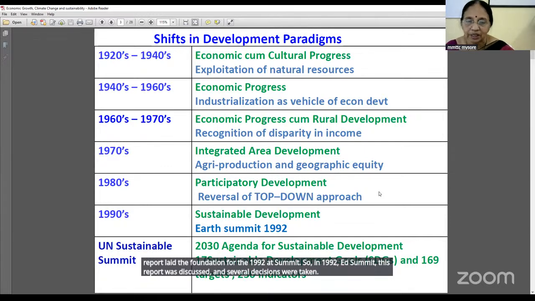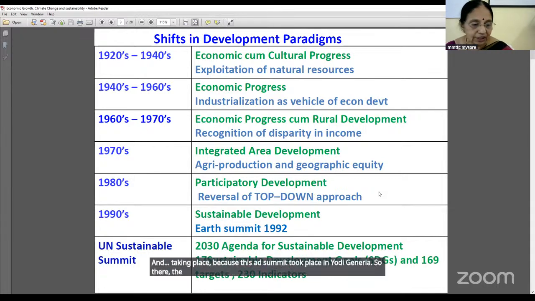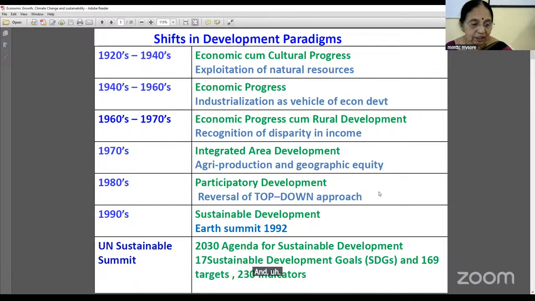So this Brundtland Report is the foundation stone for the Earth Summit and the later decisions made by the countries, and many countries have adopted this. This Earth Summit took place in Rio de Janeiro. There the countries made the Rio Declaration, and the Commission on Sustainable Development was also established after the Earth Summit.